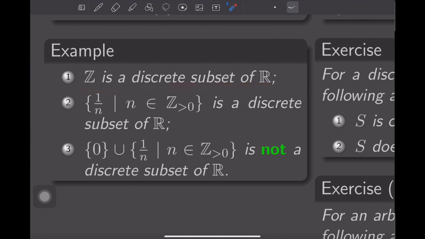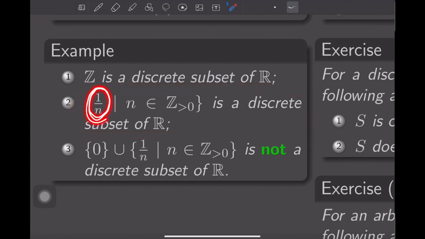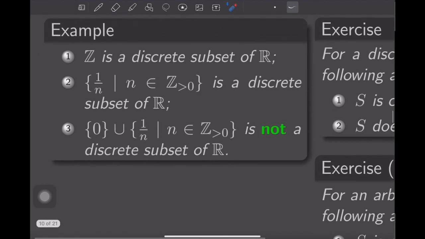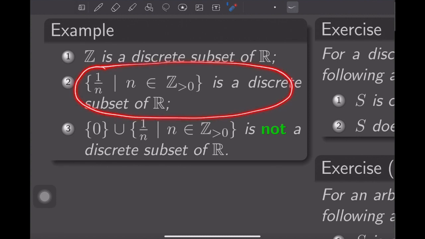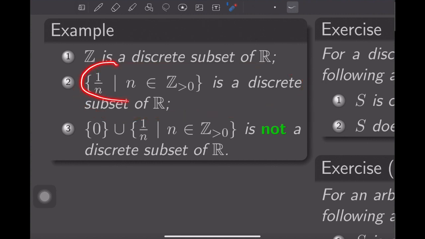But the set of all 1 over n for positive n is also a discrete subset of R, despite the fact that it has an accumulation point in R. So 0 is an accumulation point of this set, but 0 is not in the set.